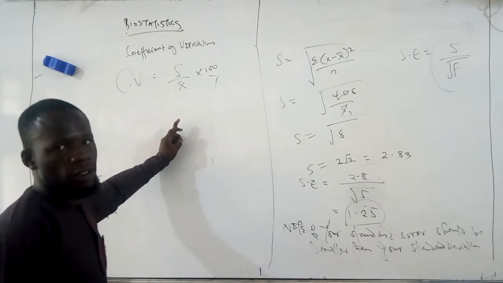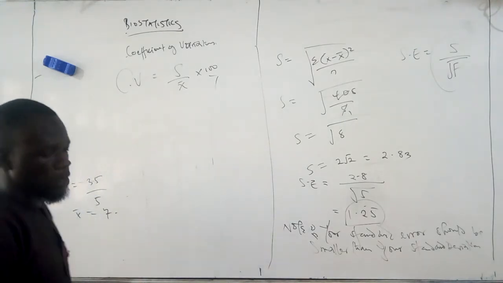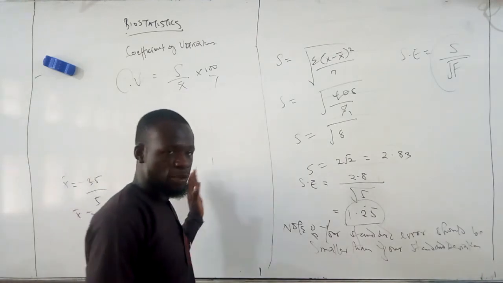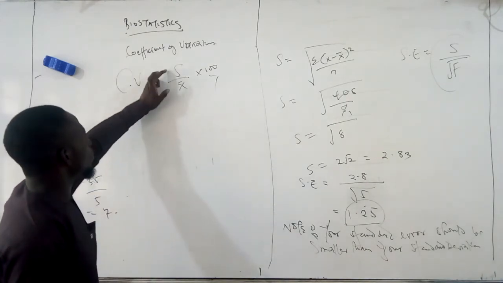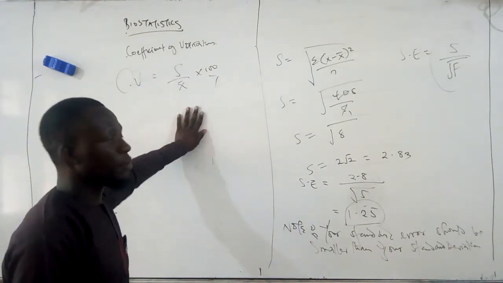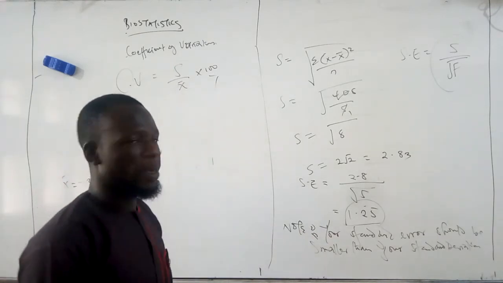Please take note of this. Whenever you are given a question to calculate the coefficient of variation, because it's expressed as a mean, okay? So you have to divide by your mean and multiply by 100 over 1. That is, it's going to be calculated as a percentage.